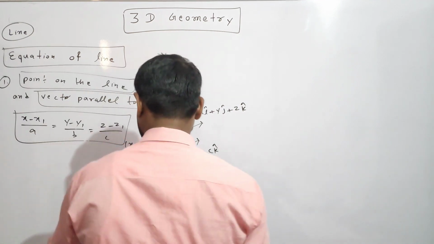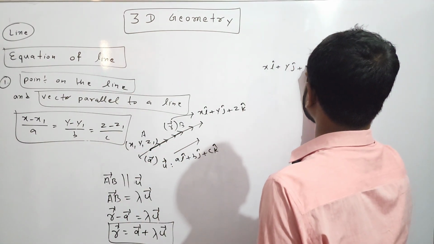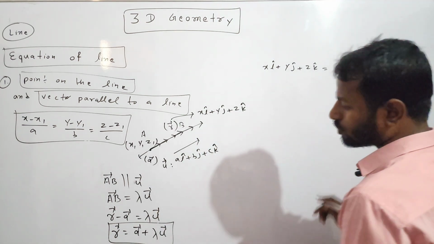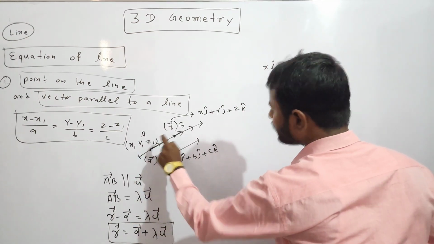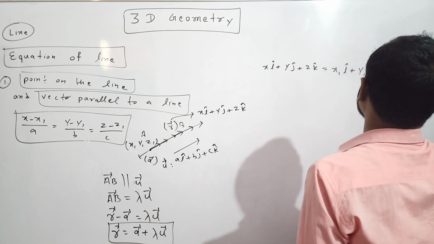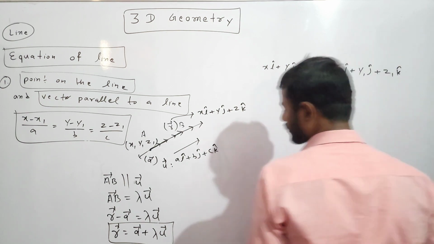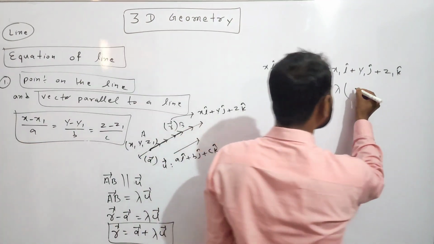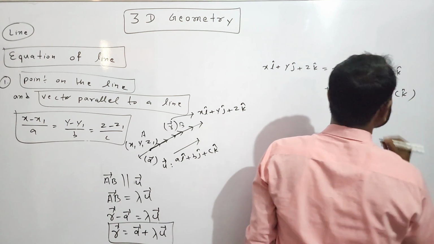Vector R means x i cap, y j cap, and z k cap. Vector A means x1 i cap, y1 j cap, z1 k cap, plus lambda times vector U. This is vector U. Put here a i cap plus b j cap plus c k cap.